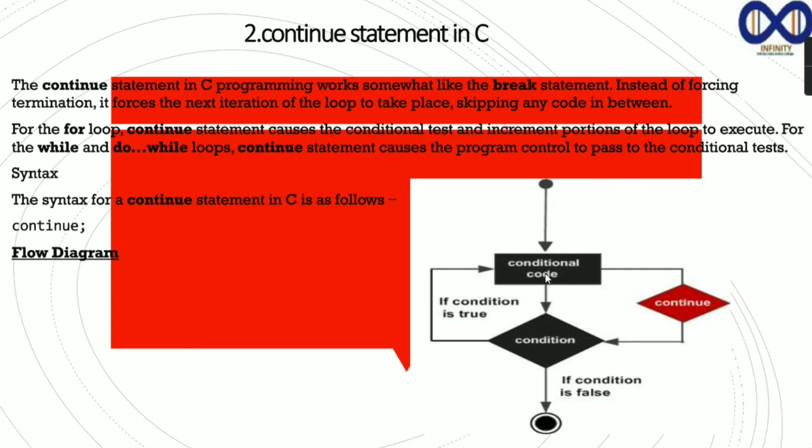If the condition is true, it goes to the conditional code again. Otherwise the condition sends to the continue statement, and the continue statement checks the condition. If it is true, the same process is repeated. If the condition is false, the program ends.